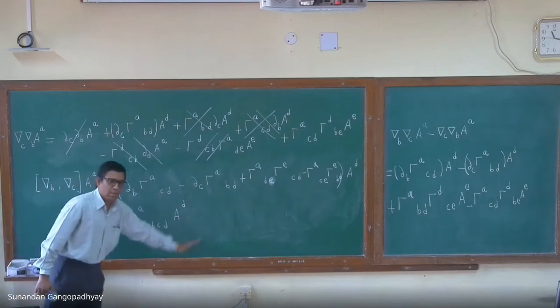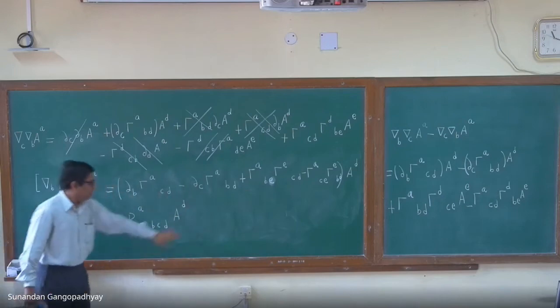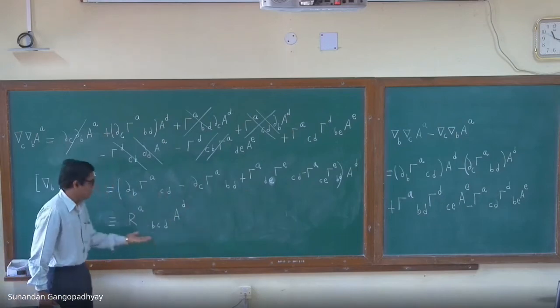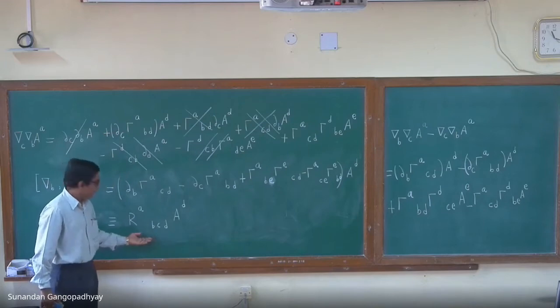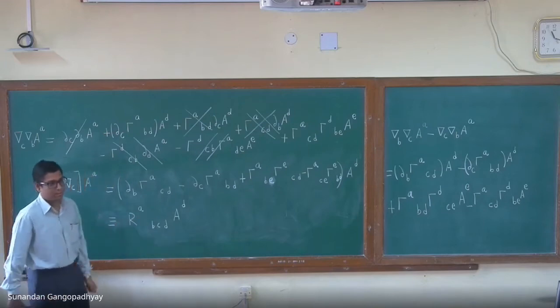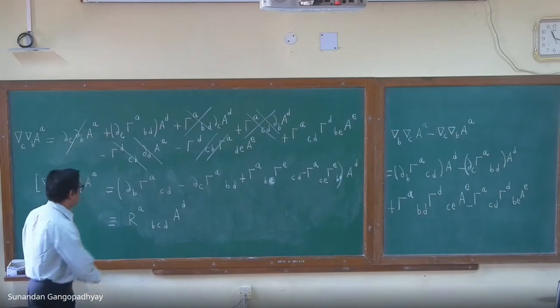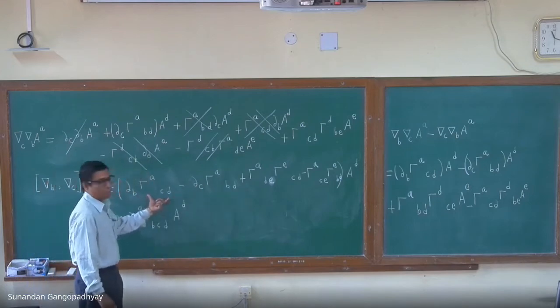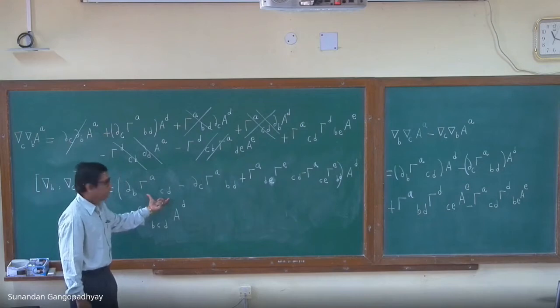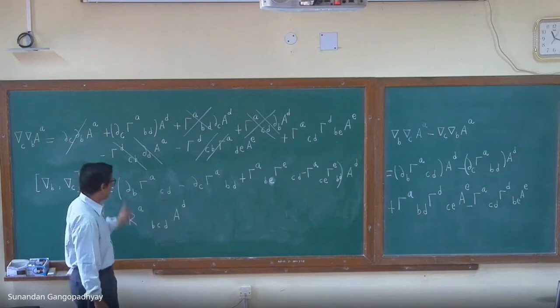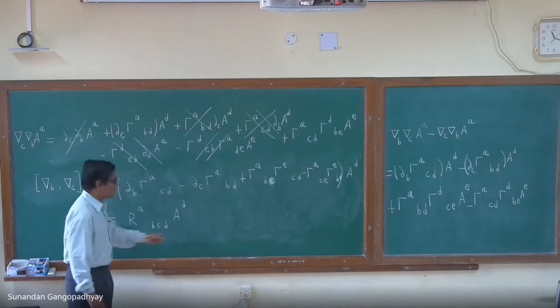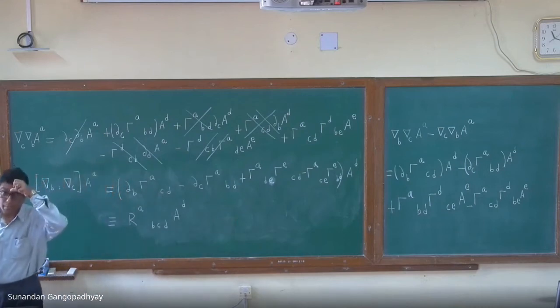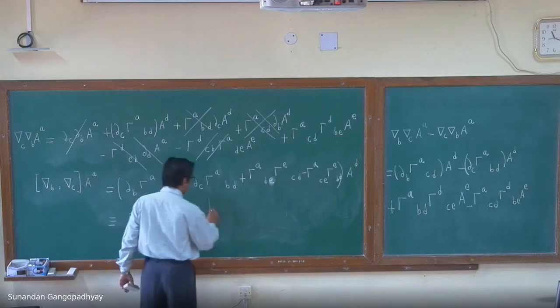The right hand side must transform covariantly. A B transforms covariantly. So this thing must transform covariantly. Therefore, this thing is a tensor. The first thing: the object inside the bracket, even though it may look like gamma is not a tensor and does not transform in a covariant way, this combination must transform covariantly. And this object is called the Riemann curvature tensor.